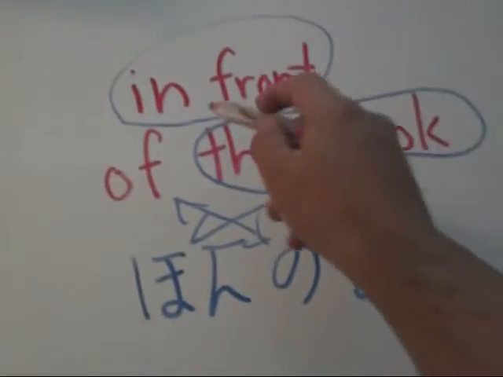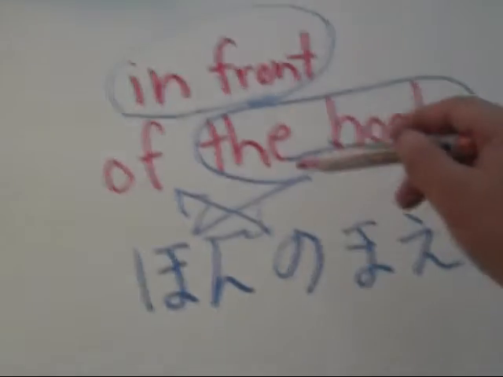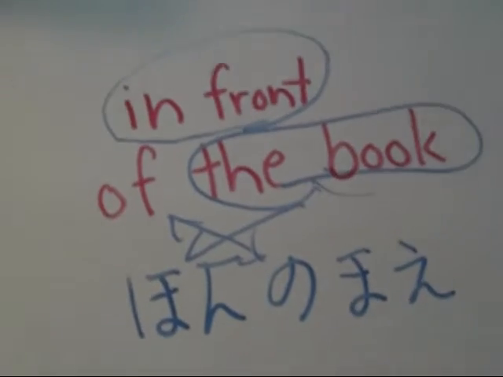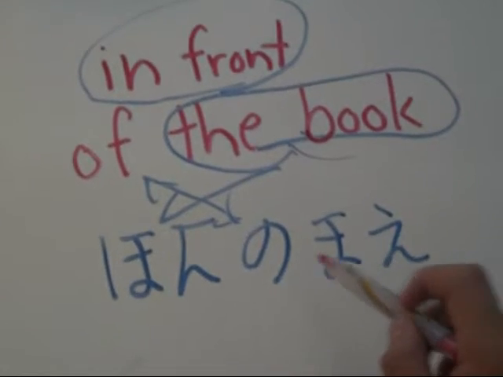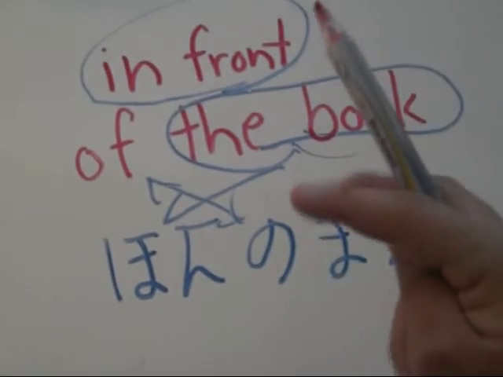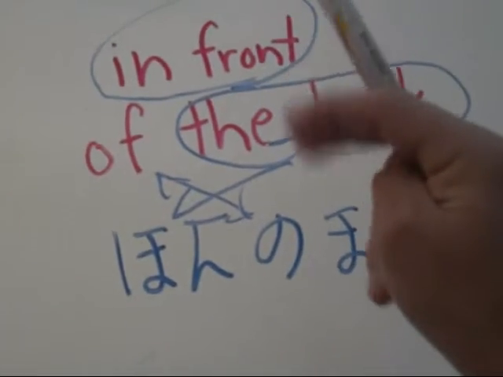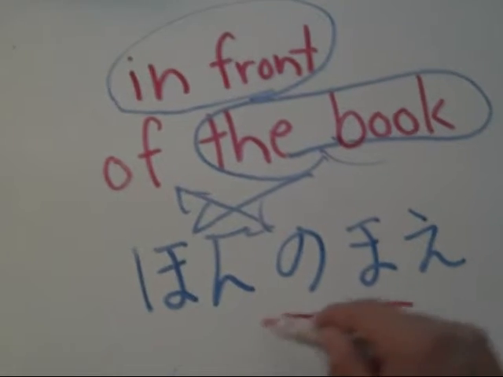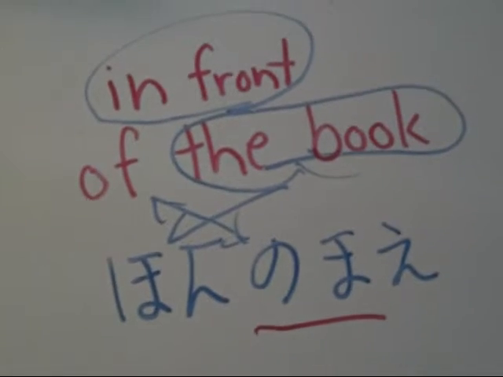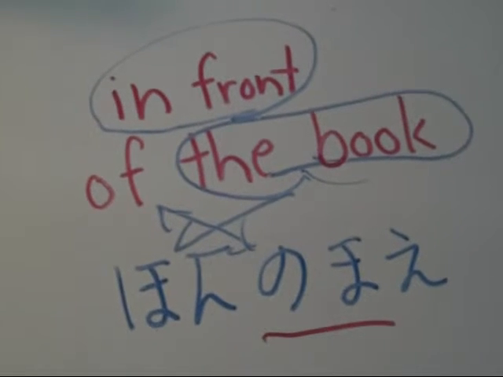So you have the preposition in front of a noun. Whoa, that's kind of neat. Well, in Japanese, you have postpositions going after the noun. So remember that postpositions go after the noun.